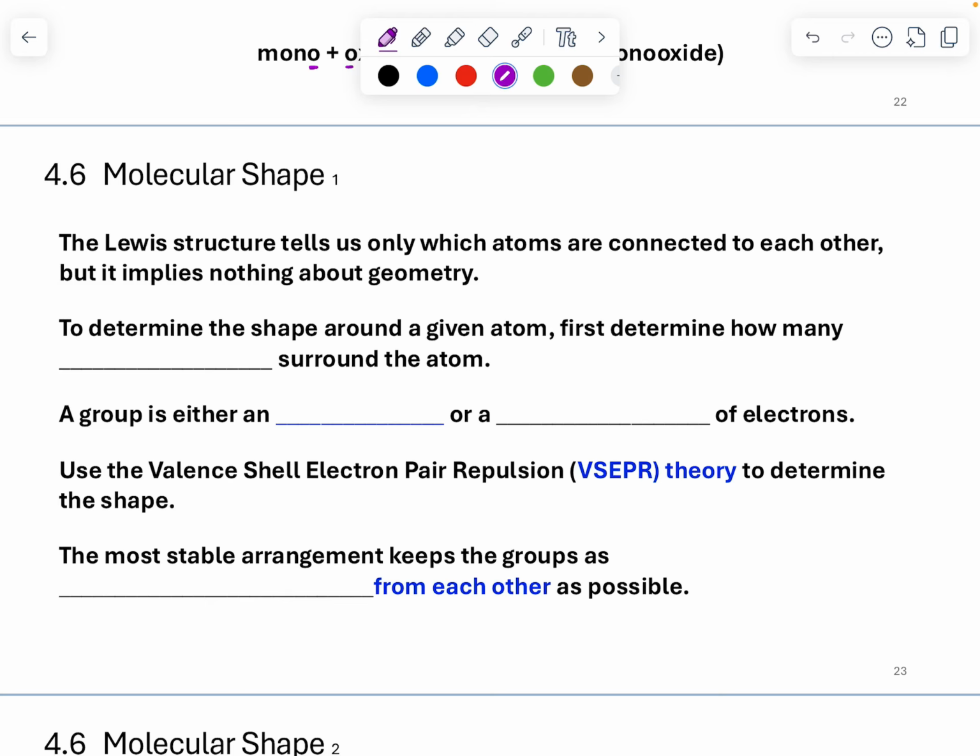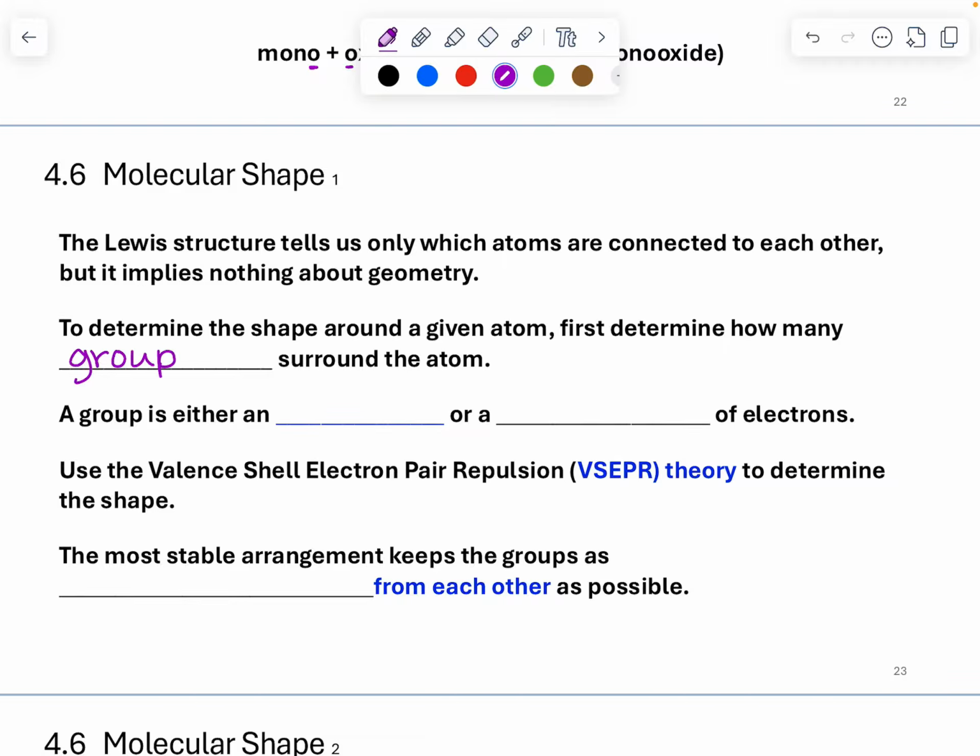Alright, along with names, you need to be familiar with the shape of covalent compounds, and we've talked a little bit about the Lewis structure. We know that the Lewis structure tells us which atoms are connected to each other, but it doesn't show anything about the shape of the atom. And so to determine the shape around a given atom, first you must determine how many groups surround the atom.